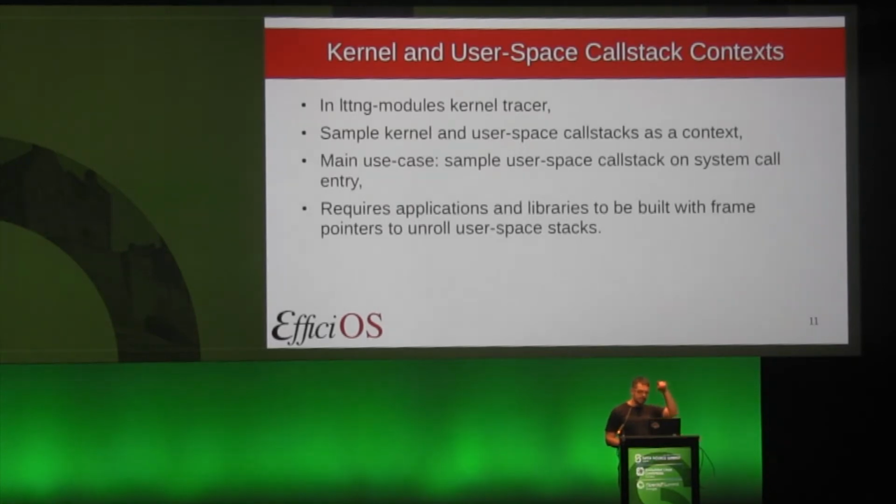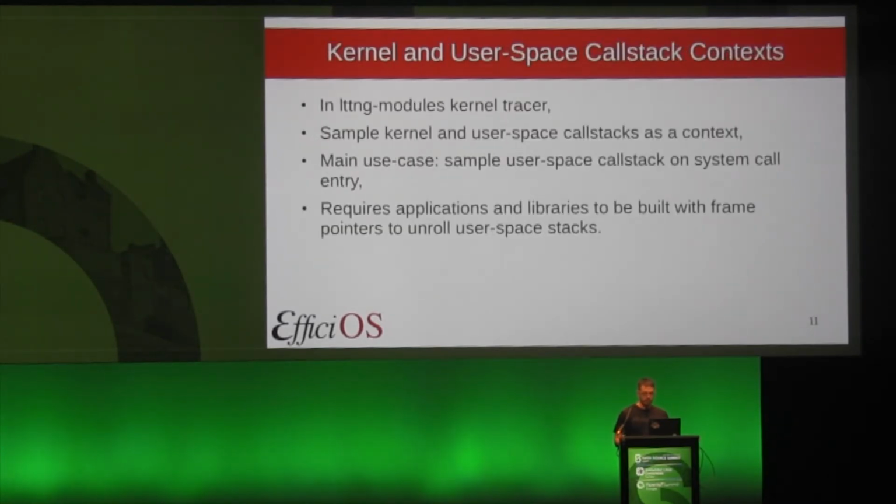You really need all the libraries in this call stack to be compiled with frame pointers at the moment. There will be future work that might allow not relying on frame pointers, but that would be kernel infrastructure work that would be really interesting to tackle.